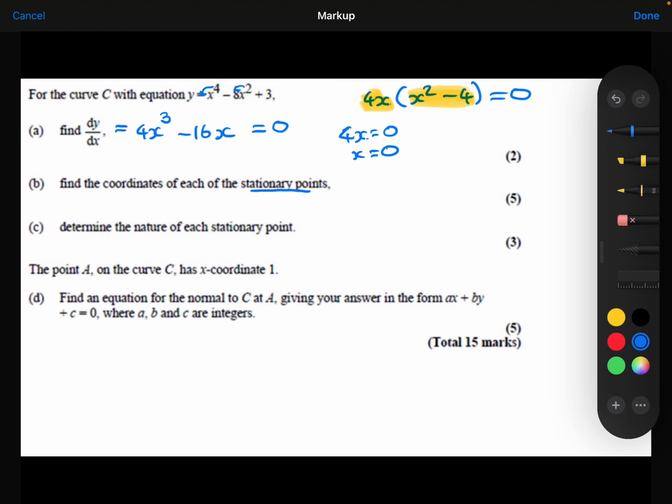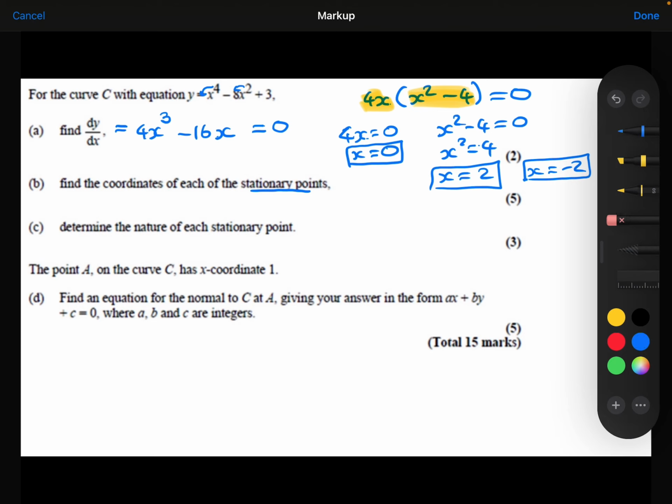So 4x will equal 0 if x is equal to 0, and x squared minus 4 will equal 0 if x squared is 4, or if x is 2, or x is minus 2. So these are the 3 x coordinates of my stationary points.